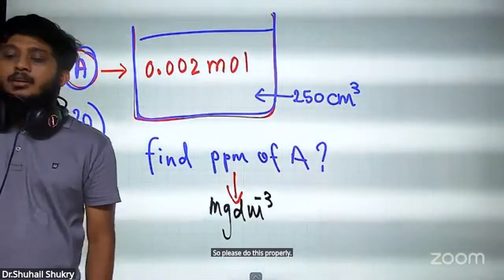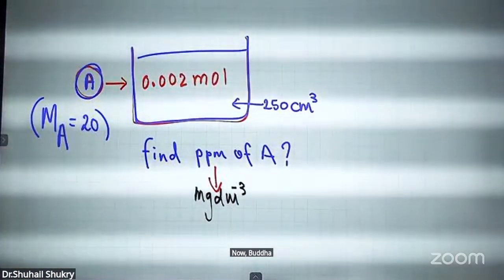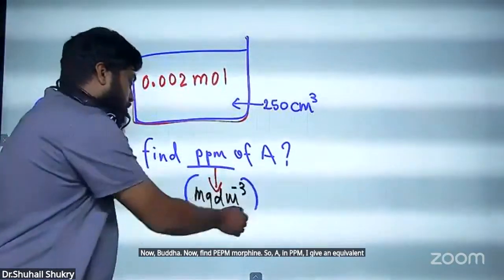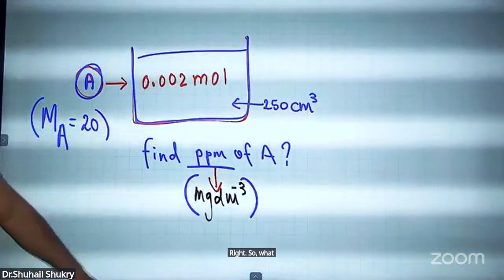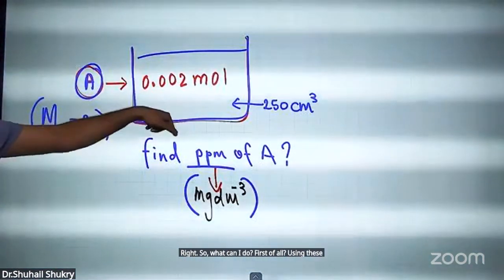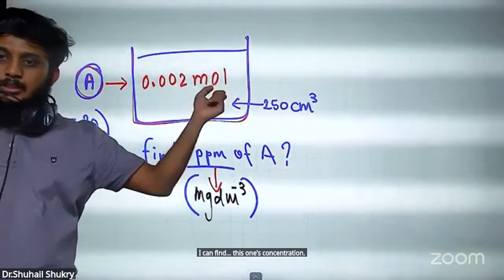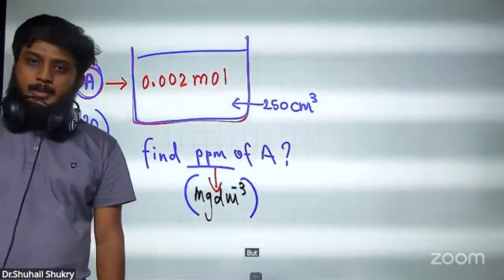Okay? Right. Now find the ppm of A. For ppm, I gave the equivalent unit milligram per decimeter cube. So what can I do? First of all, using this information, I can find the concentration. Concentration is in moles per decimeter cube, mol dm minus 3.